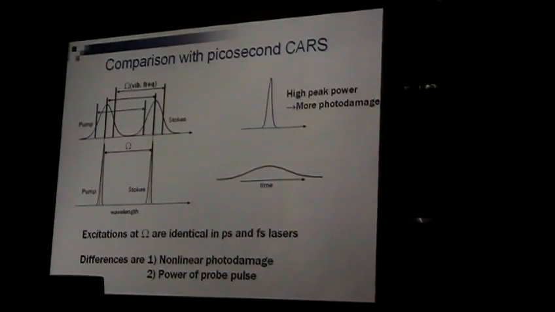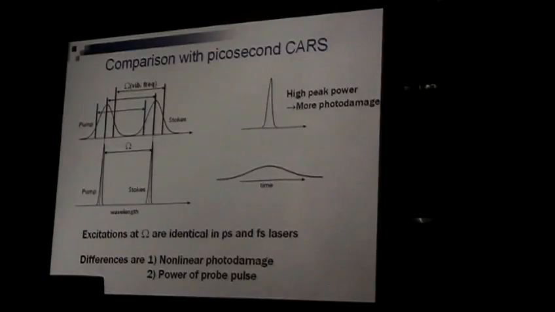So we had to think about this process again. First, we now use broadband, something like 10 femtosecond pulses, for single vibration excitation efficiency. How does that compare with a picosecond pulse?